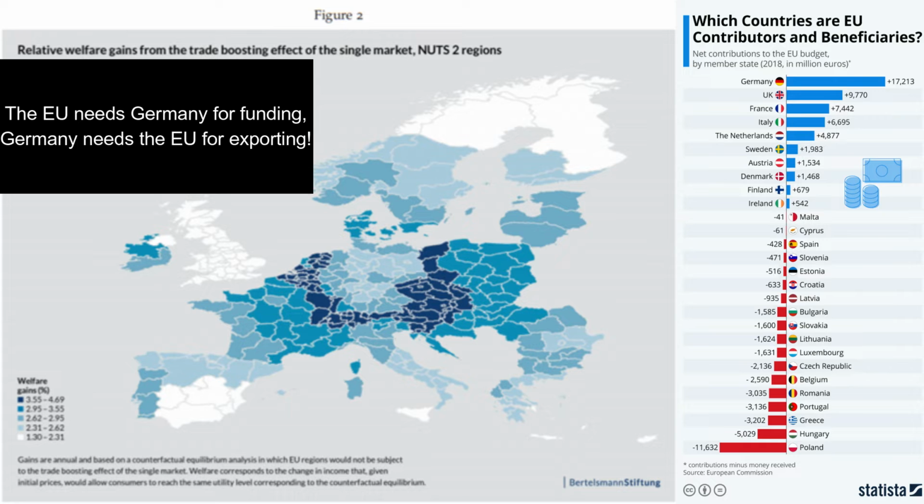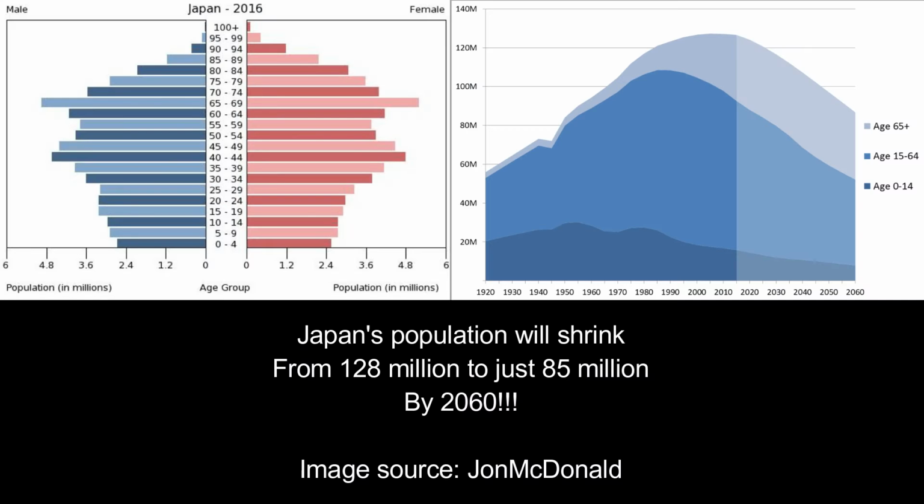However, the fact is that Germany needs the EU just as much as the EU needs Germany, because if it didn't have all these countries that it could export its goods to, it would have collapsed a long time ago. So Germany isn't really a great power. Same thing with Japan, its aging population, they've had stagnation for the last 30 years. They are not doing great, so Japan can be ruled out, right?